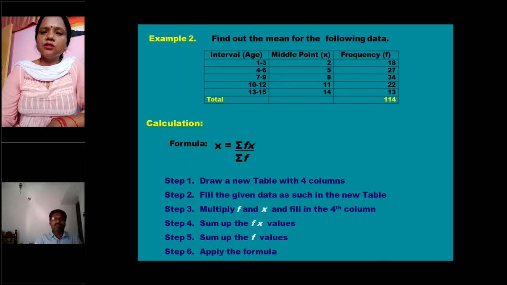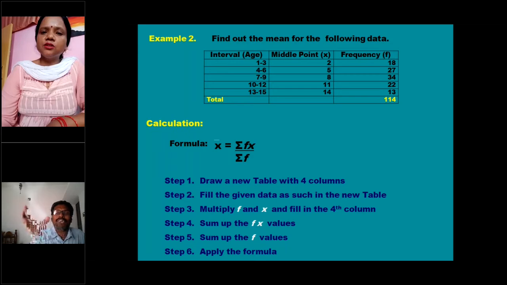So for calculation, first we have to draw a new table with 4 columns. In the question, we have 3 columns, but for computation, we first make 4 columns. In the second step, we fill the data in the new table, except the 4th column.